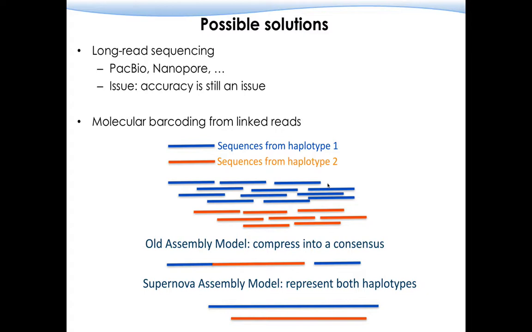So we will not trust the SNPs that are called by these technologies. And if we really want to call the SNPs, we still need to rely on short read sequencing like Illumina sequencing technology. And the way to do that is to use molecular barcodes from linked reads.